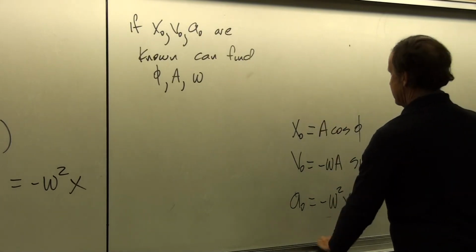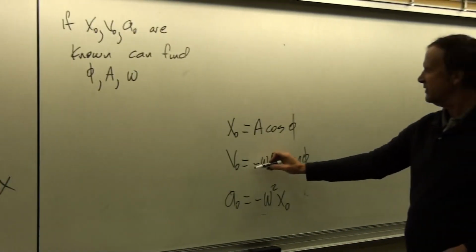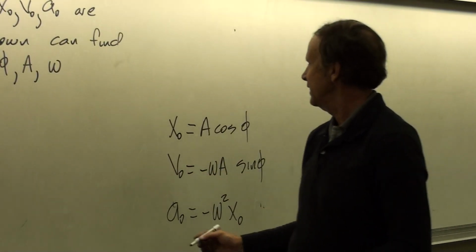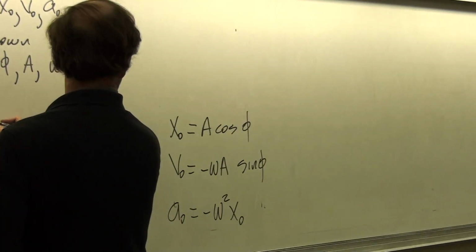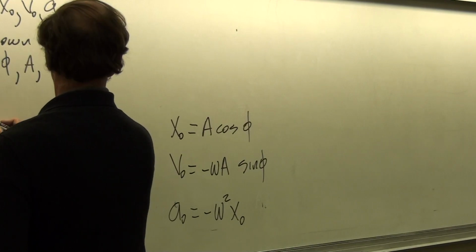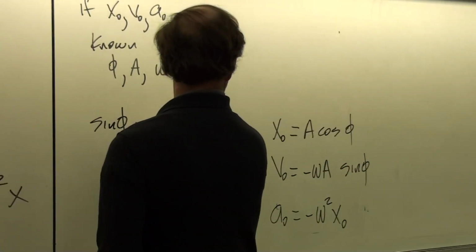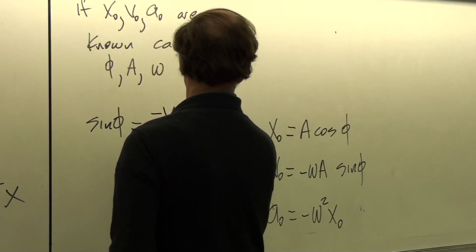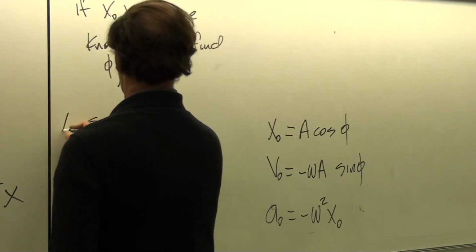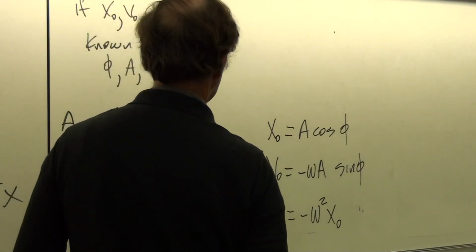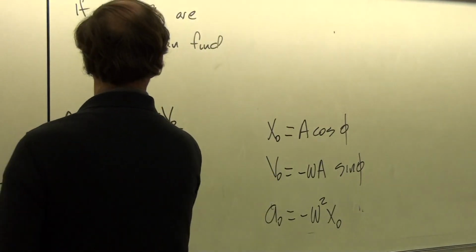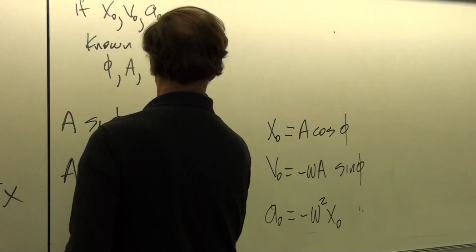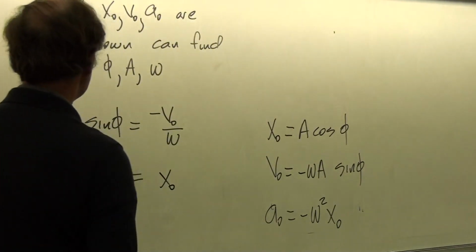Well, here I'm going to take the x naught and v naught equations. I'm going to divide this one through by minus omega. So what I end up with then is sine phi equals minus v naught over omega. This is A times the sine of phi, and A cosine of phi is equal to x naught.